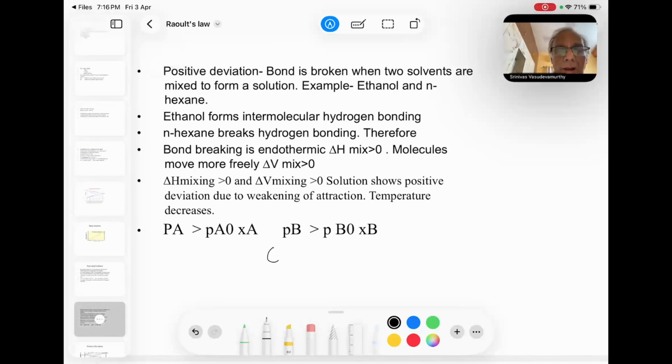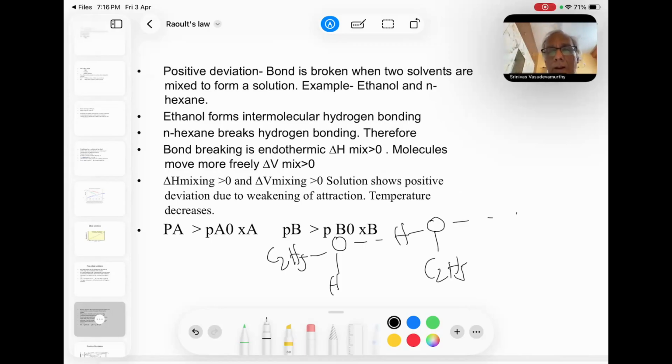So I've taken ethanol, C2H5OH. It's a solvent. This is the solvent ethanol I have taken. It forms intermolecular hydrogen bonding. This is one solvent, right?